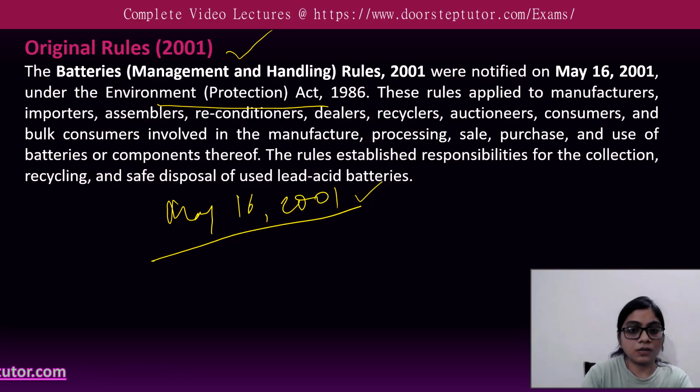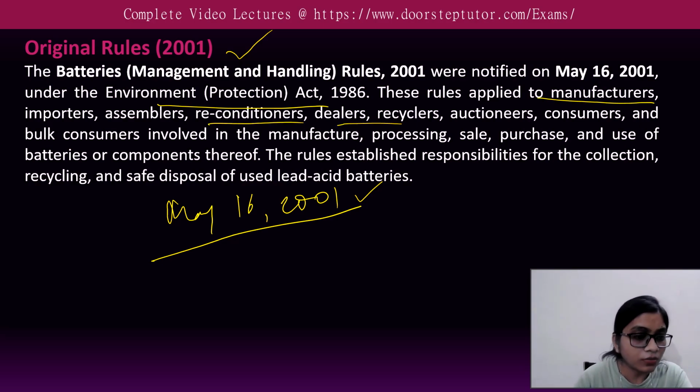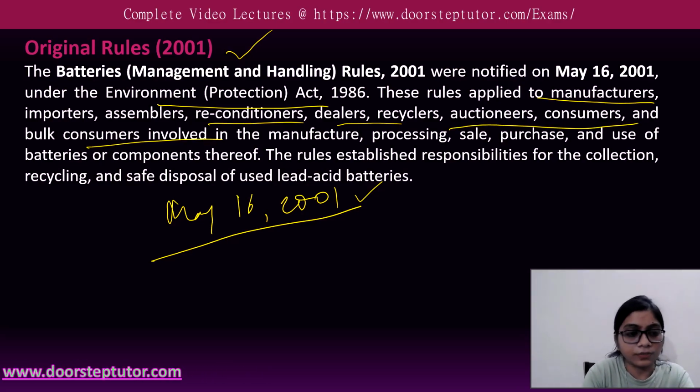This rule, we just saw in our previous slide, we are also going to talk about the applicability. So this rule is applicable on manufacturers, importers, assemblers, reconditioners, and so on and so forth. These are basically the stakeholders.